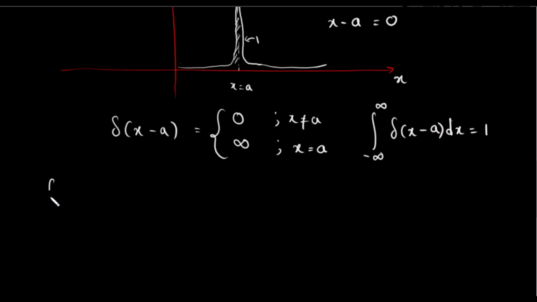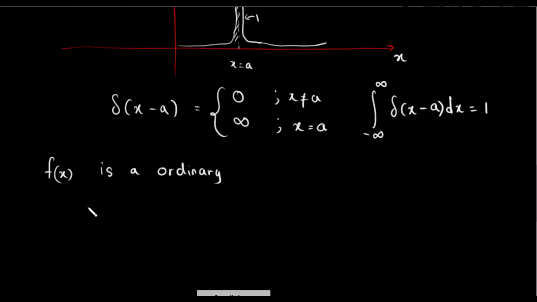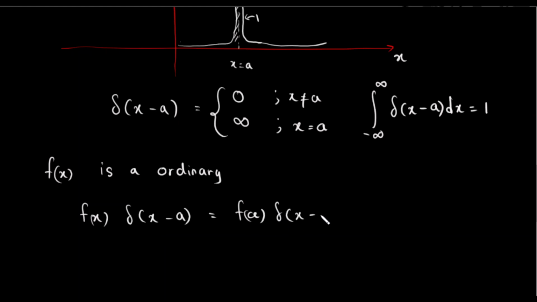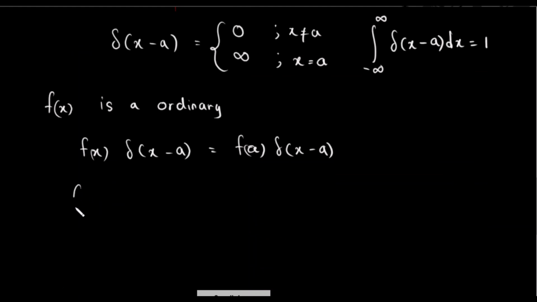So if you consider f(x) as an ordinary function, then like previously, for this f(x) times the delta function, delta x minus a, this can be written as f(a), because this delta function has a value only when x equals a. So this is f(a).